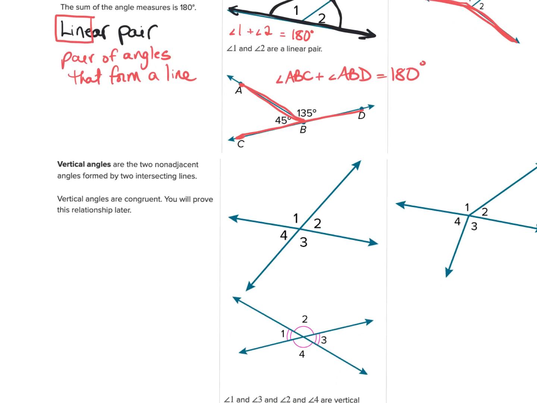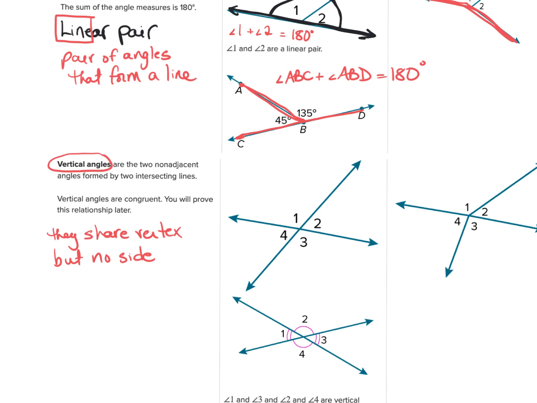My last term are what we call vertical angles. Okay, now vertical angles, they share a vertex but no side. Okay, so whereas in our adjacent angles they share a side, that's what makes them adjacent or next to each other.